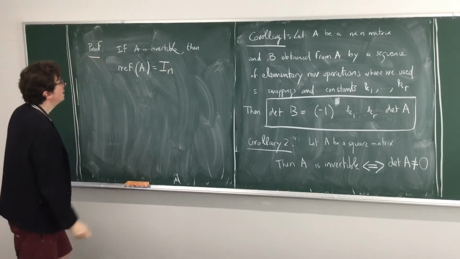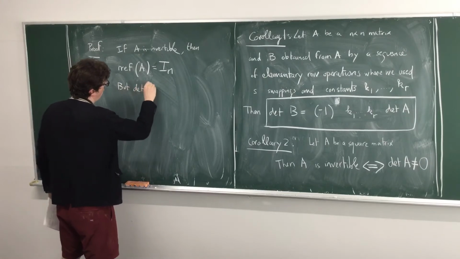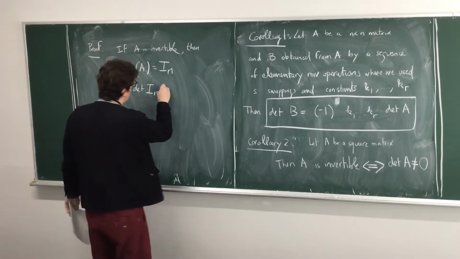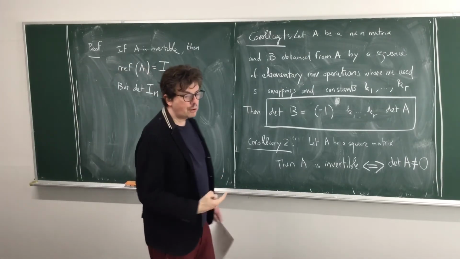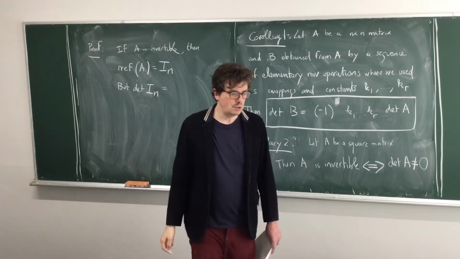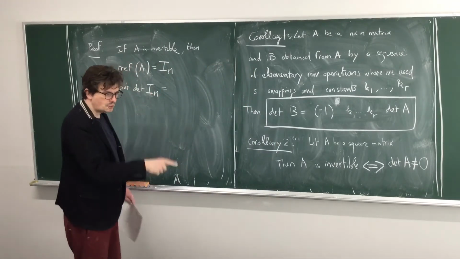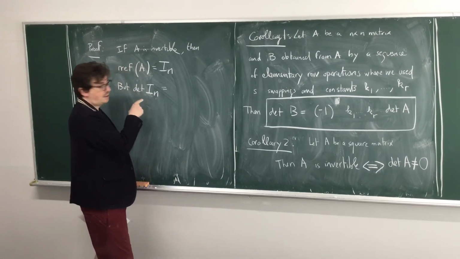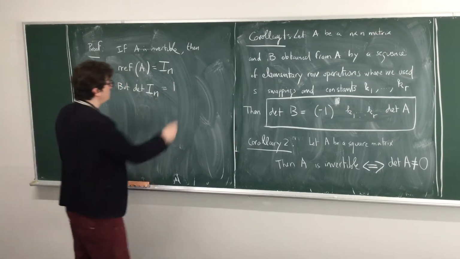Now the determinant of the identity matrix, what is it? It is an upper and lower triangular matrix, so its determinant is the product of the diagonal entries. The diagonal entries are just 1, so the product of them is still 1. In particular, it's non-zero.